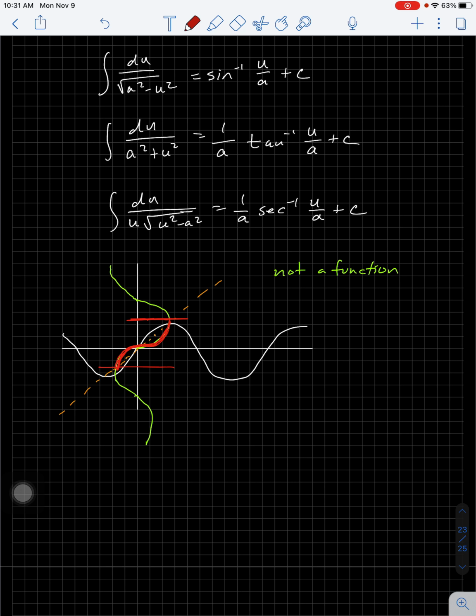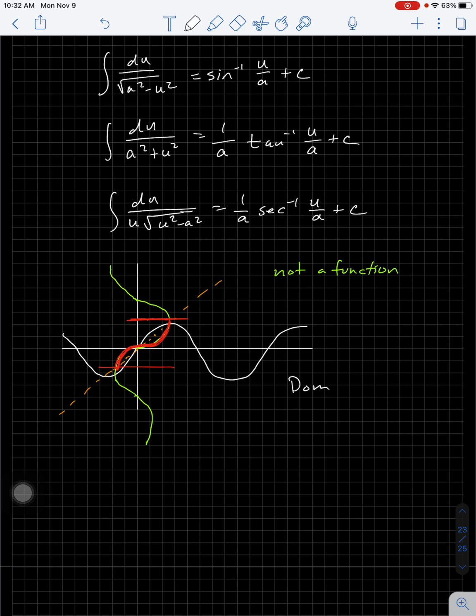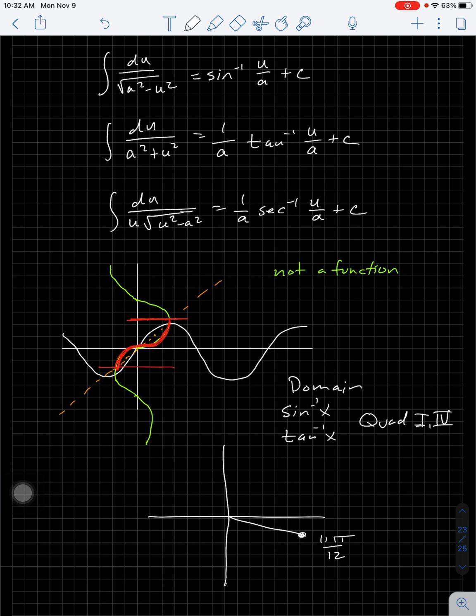And so that means that the domain for sine inverse, and also tangent, they're defined the same. We define those in quadrants 1 and 4. And what that looks like is, if you recall, let's say we get an angle in here as our solution, and this is 11 pi over 12.